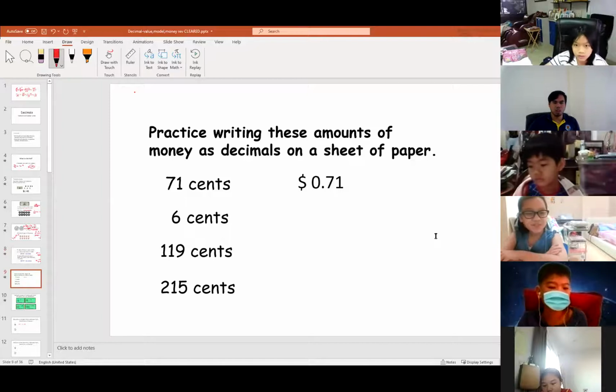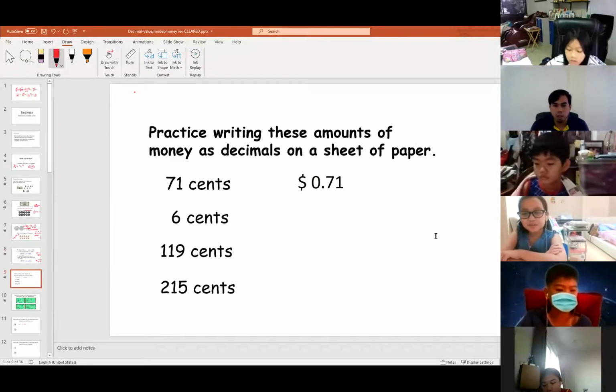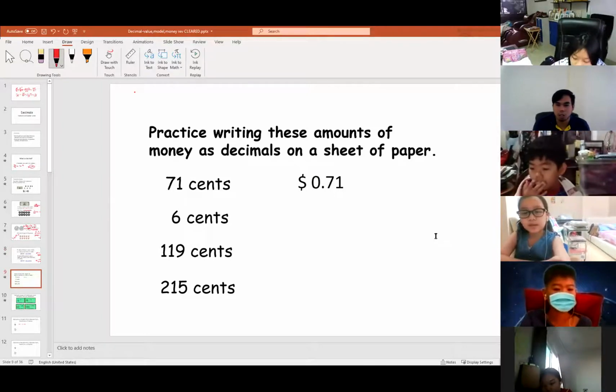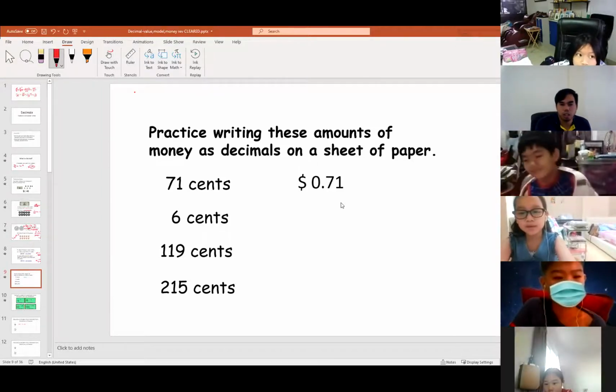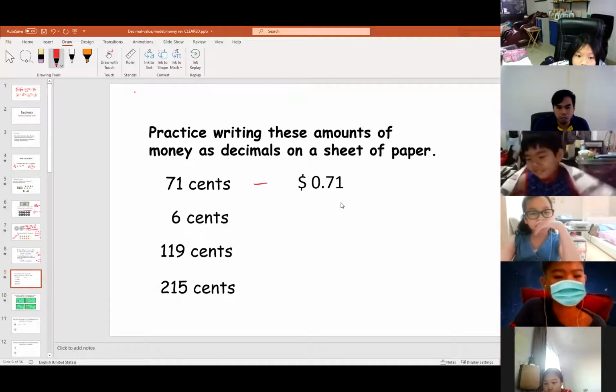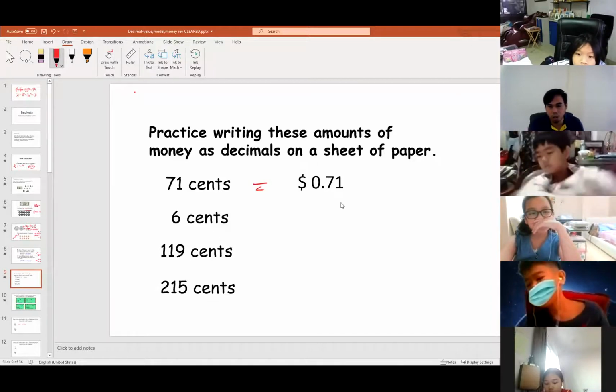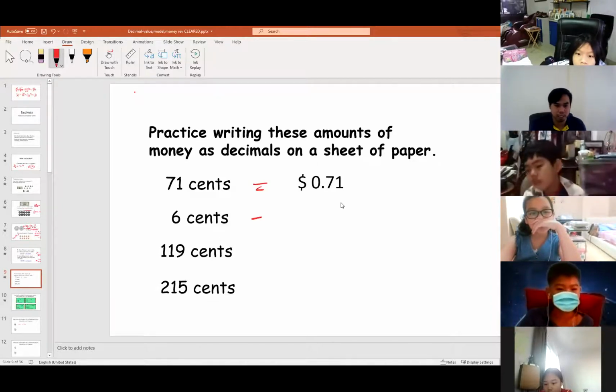All right. So practice writing these amounts of money as decimals on a sheet of paper. Let's try this. 71 cents is already done for you. It's $0.71. How about 6 cents?